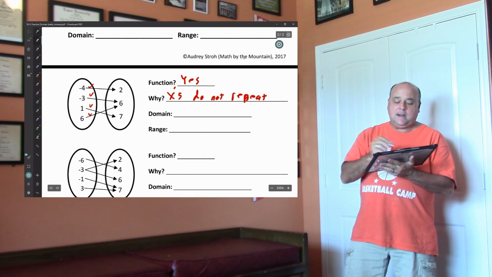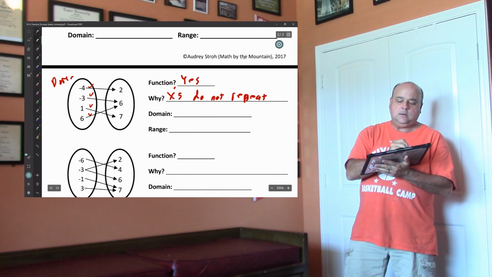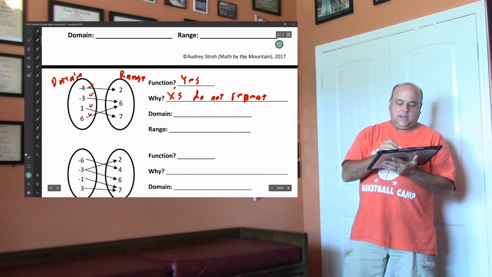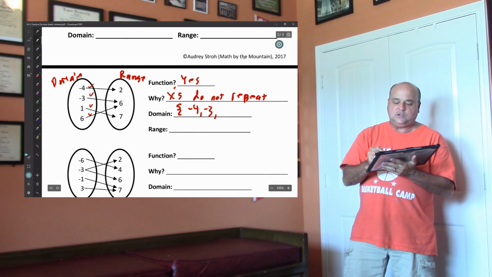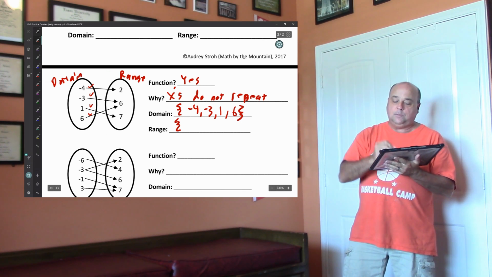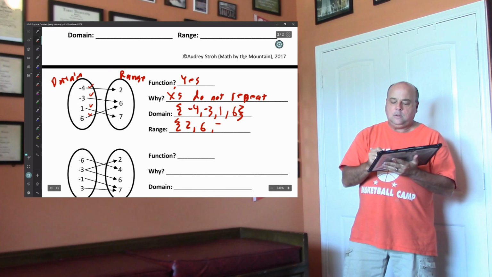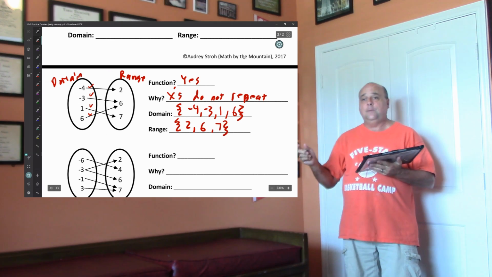Remember, this would be called a mapping. This would be your domain. This would be your range. Piece of cake. Your domain, and put them in braces and put them in order from the smallest to the largest. So this is my domain. My range would be just 2, 6, and 7. That's how you write down your domain and range.